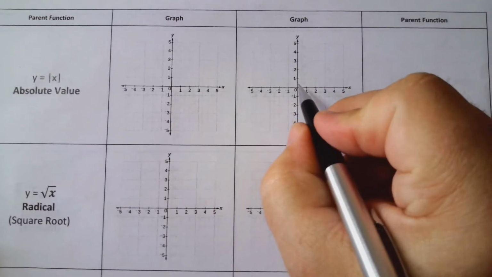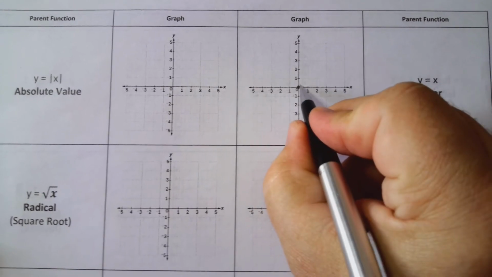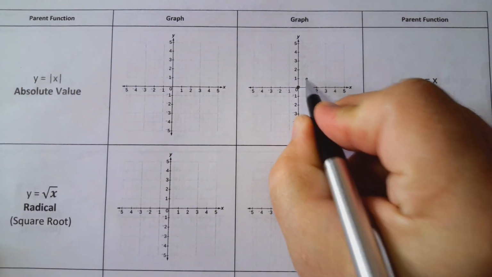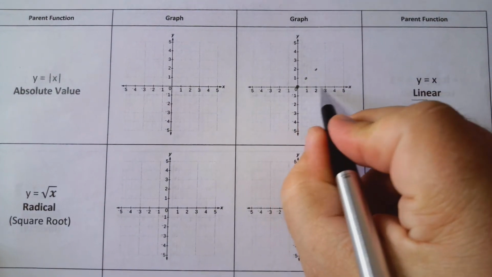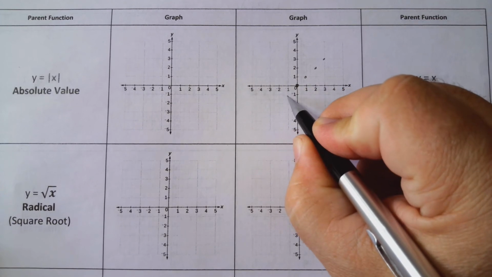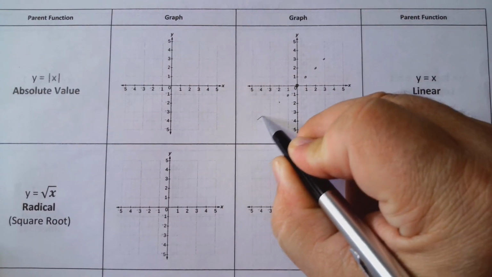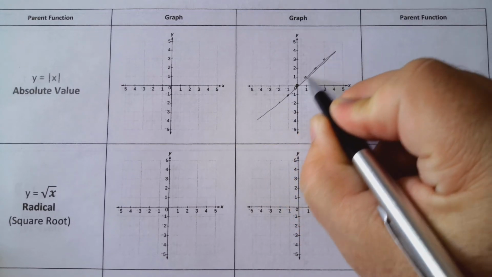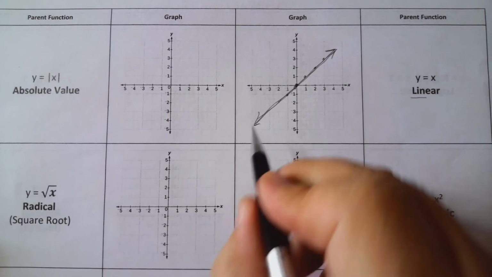When x is 0, y is 0. When x is 1, y is 1. When x is 2, y is 2. When x is 3, y is 3. When x is -1, y is -1. So you see that this line is growing, like that.